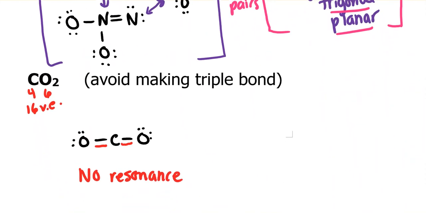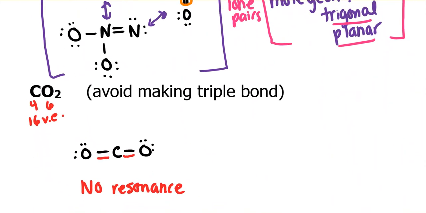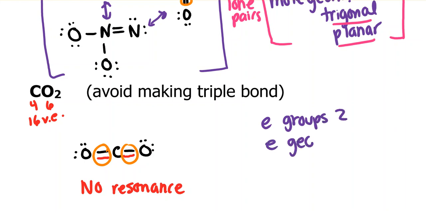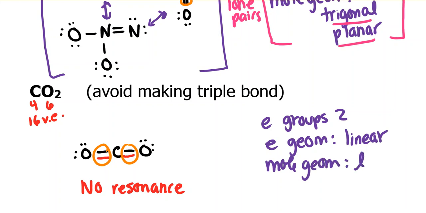Oh, I think we should do this one. It's not very interesting, but we might as well show it. For carbon dioxide, it has 2 electron groups. The electron geometry, they're just opposite each other, so it's linear. And the molecular geometry is linear as well.